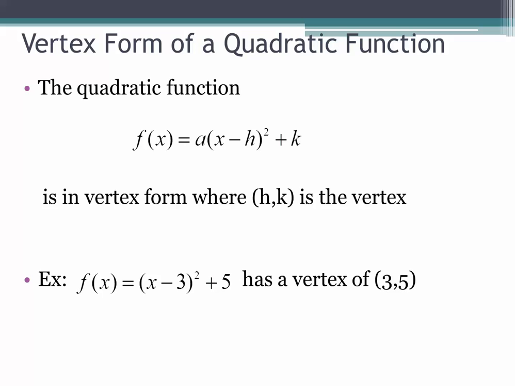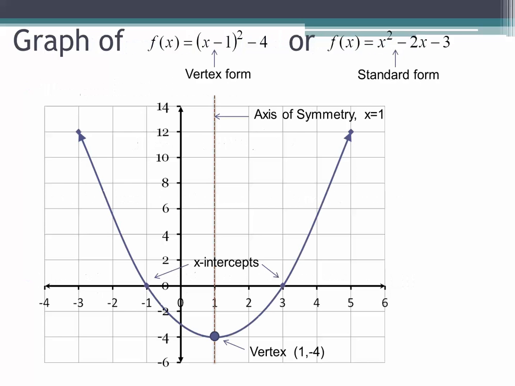For example, f of x equals x minus 3 squared plus 5 has a vertex of 3, 5.